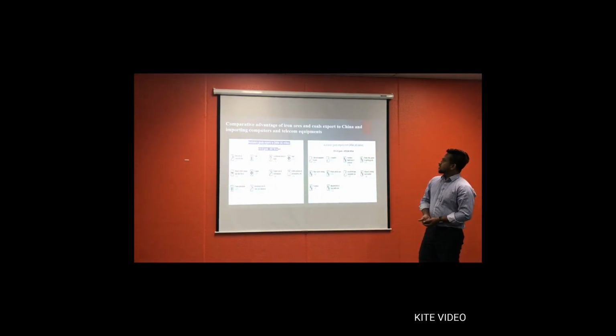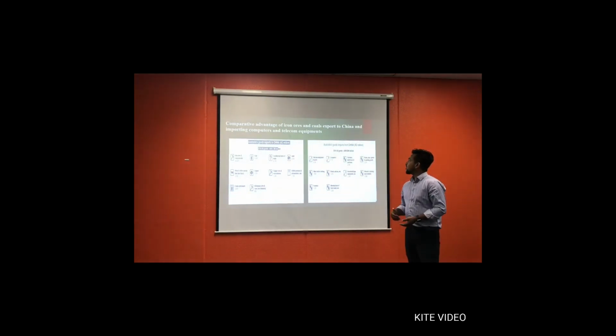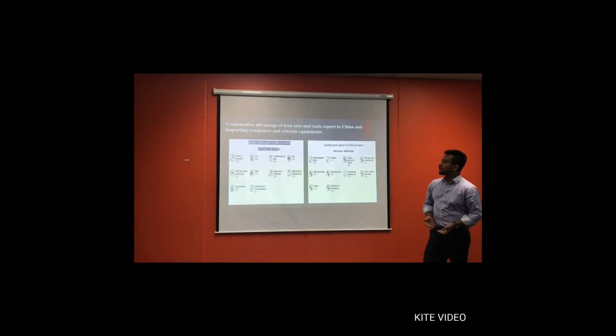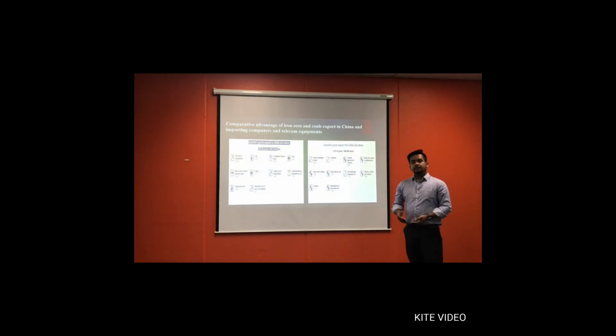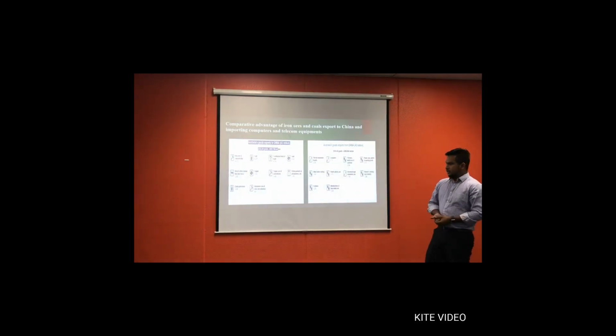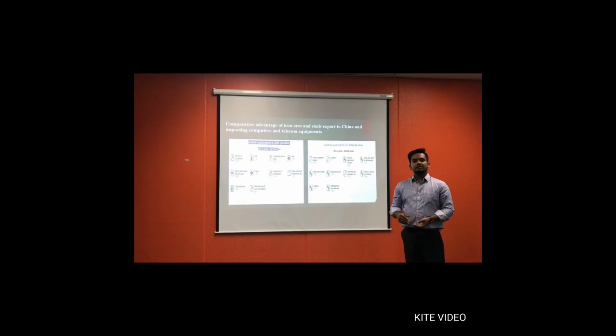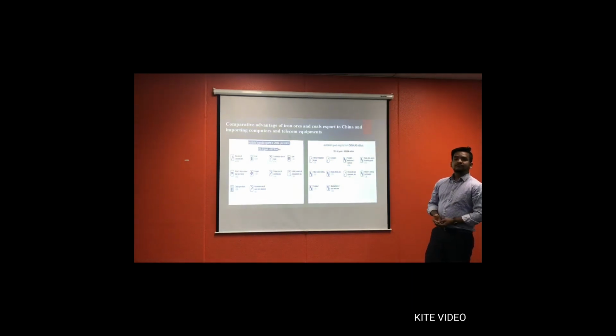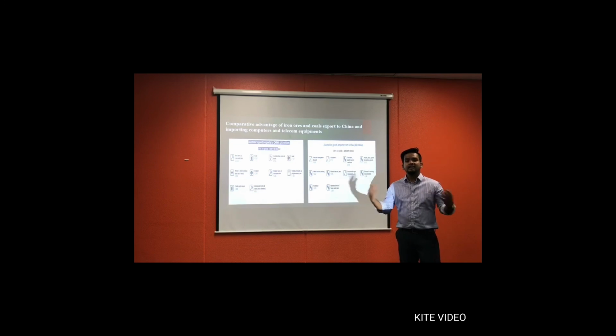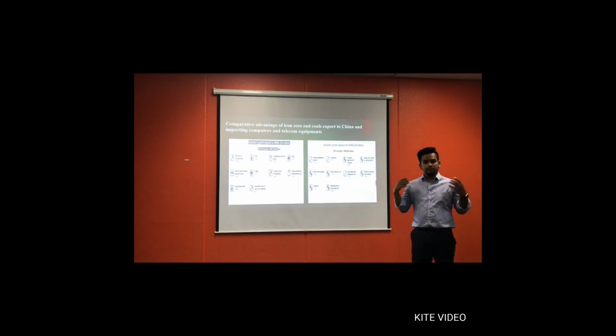On the other hand, we can take the example of iron ore and coal exports to China and importing computers and telecom equipment. In this case, Australia is the biggest supplier of iron ore and coal to China. Australia has an enormous amount of natural resources and is very efficient at exploring them, and China is really efficient at manufacturing sophisticated electronic components.